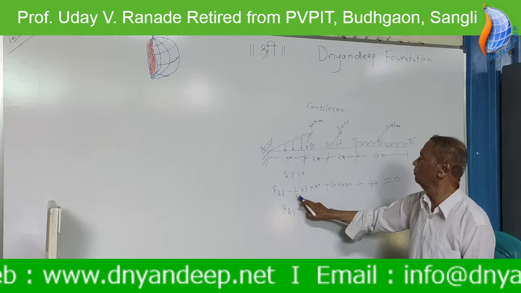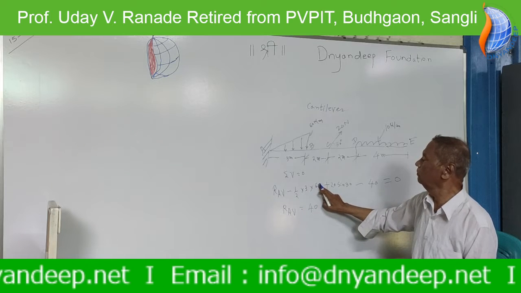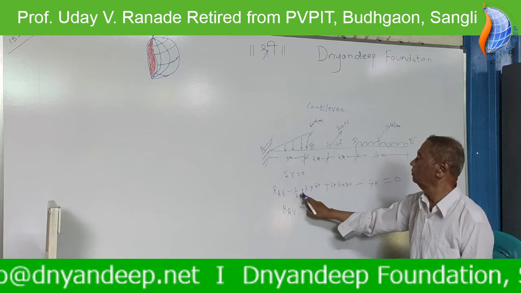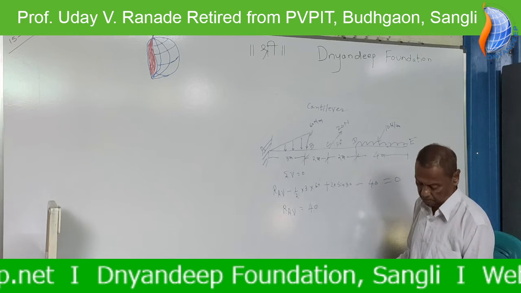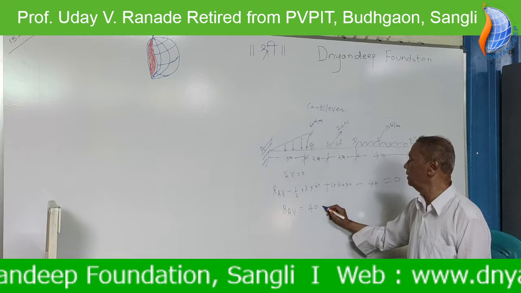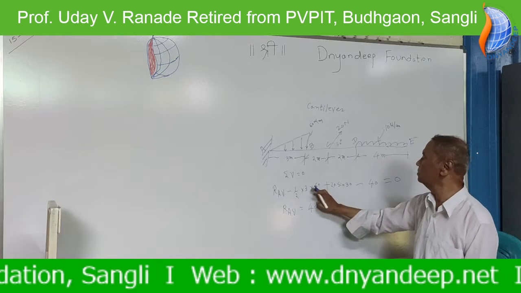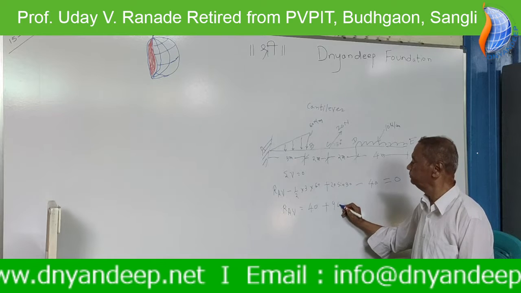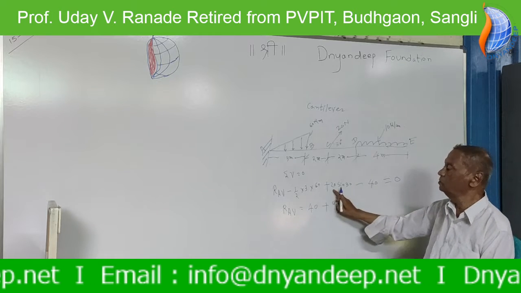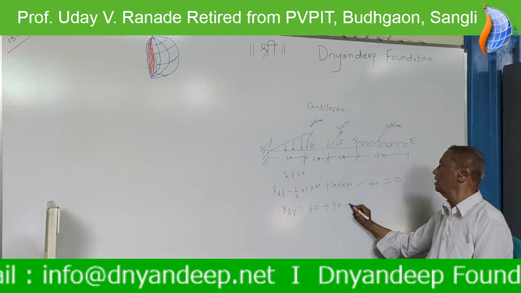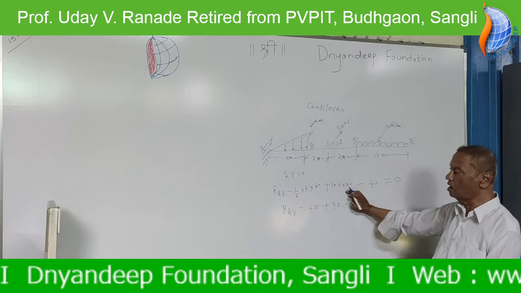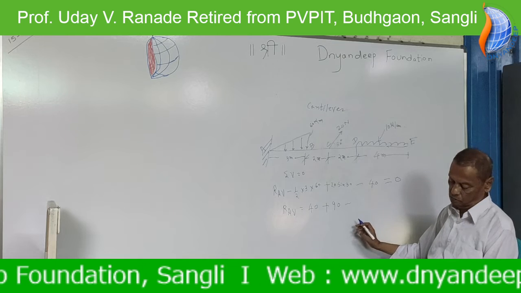Then 30 into 3, 90. This will be again plus, because minus becomes plus 90. This becomes minus sin 30 is half, 20 into half, 10, so minus 10.